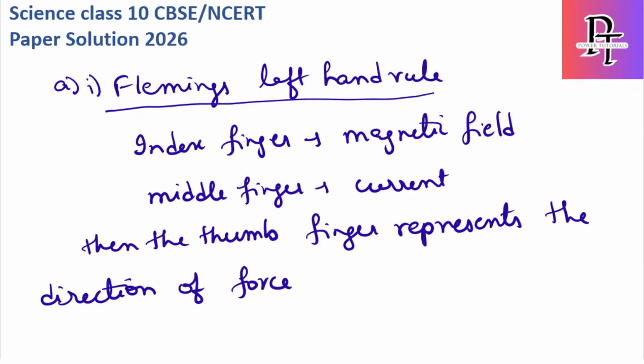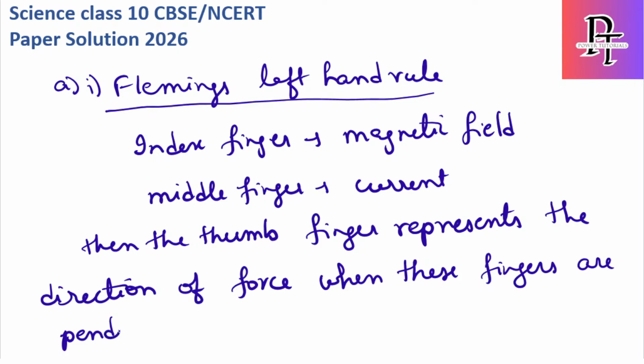What it says is, when the index finger, middle finger and thumb are perpendicular to each other, then if the index finger represents magnetic field and the middle finger represents current, the thumb represents the direction of force.